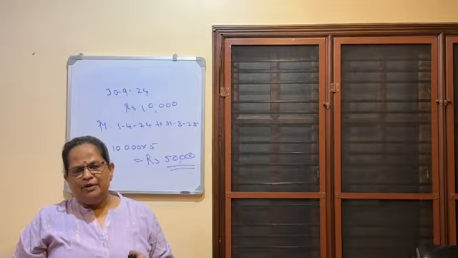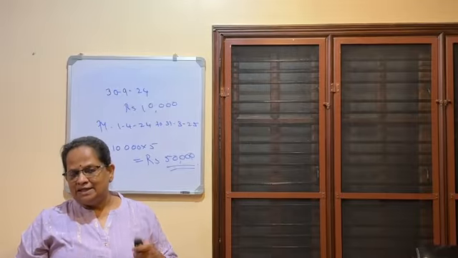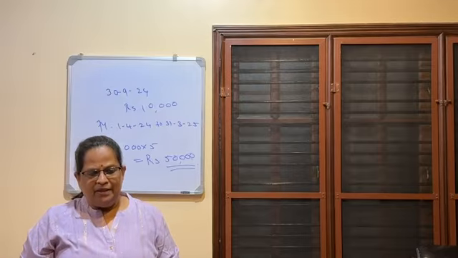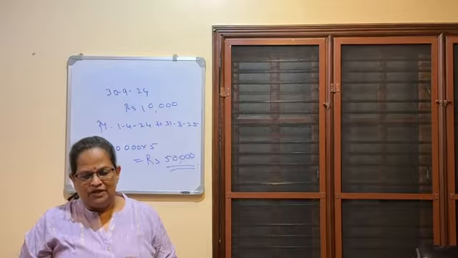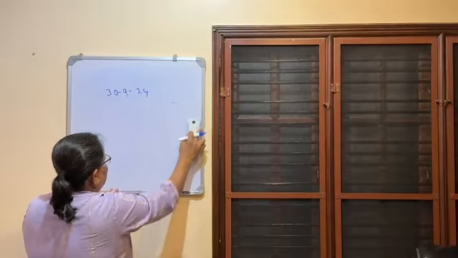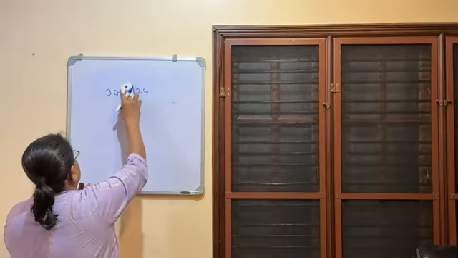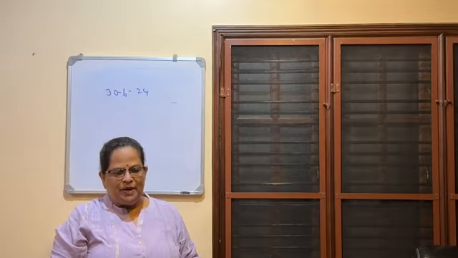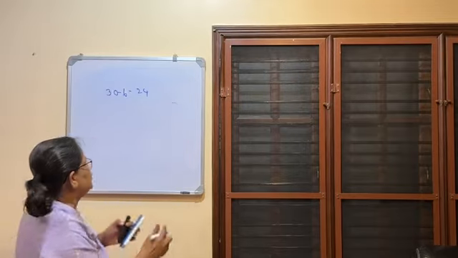Always remember, uncommuted pension is taxable just like salary for government and private sector employees. Then third problem: Mr. K retired from Karnataka government service on 30th June 24. His pension was fixed at rupees 30,000 per month.